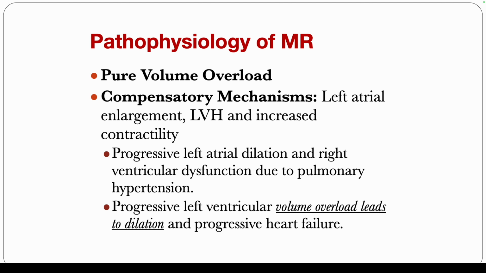If the patient develops pulmonary edema in MS, it's a different reason. And if the patient develops pulmonary edema in MR, it's a different reason altogether. In MR, there is LV failure. In MS, there is no LV failure. In MS, it's the failure of blood to move across the mitral valve. So there are two different reasons for pulmonary edema in both conditions.